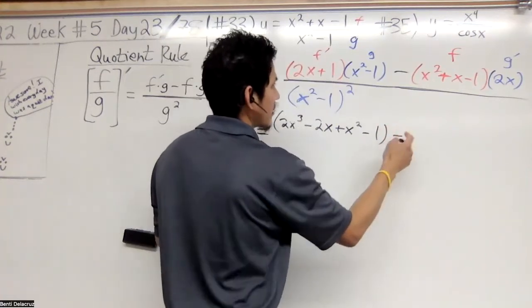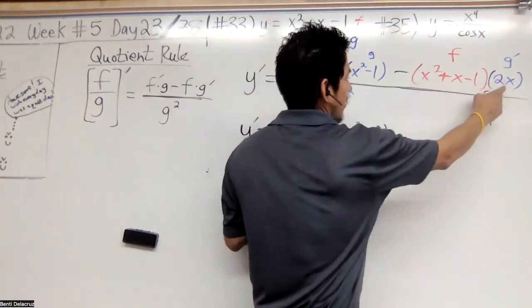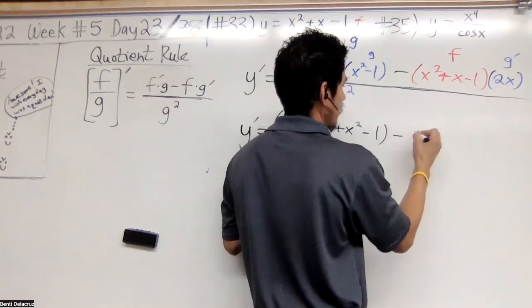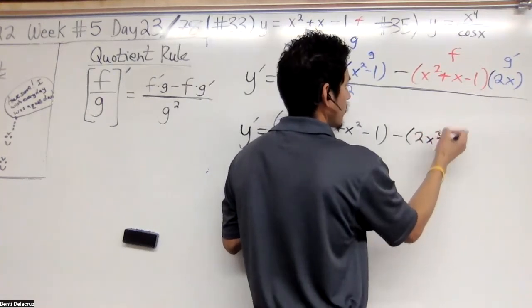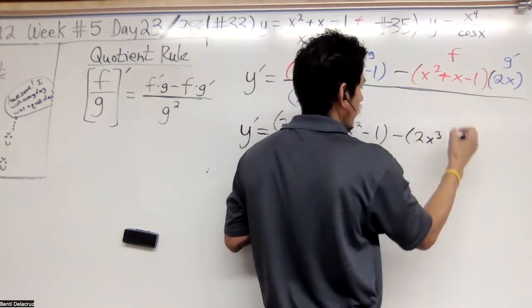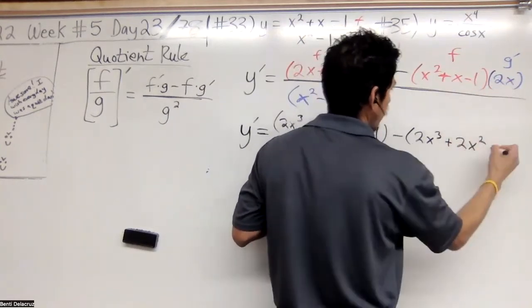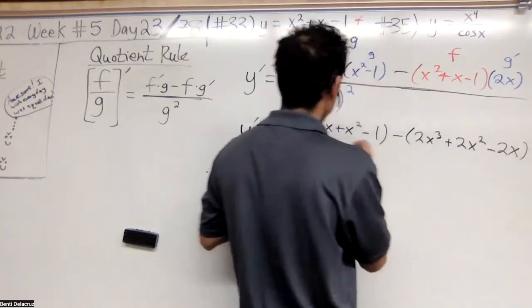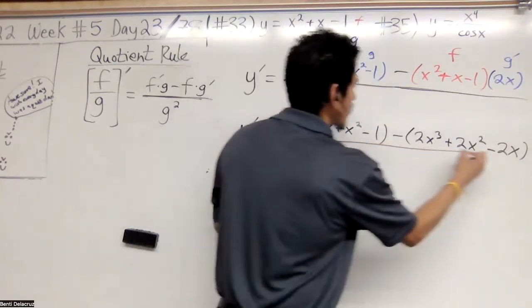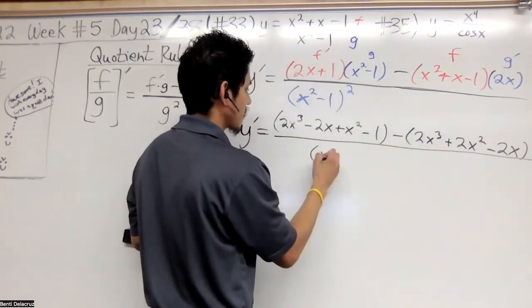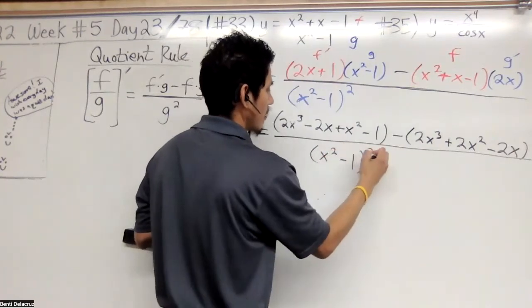Then minus each of these times 2x, so x squared times 2x is 2x cubed, x times 2x is plus 2x squared, minus a 1 times a 2x, minus 2x. And all this will be over x squared minus 1, all to the second power.